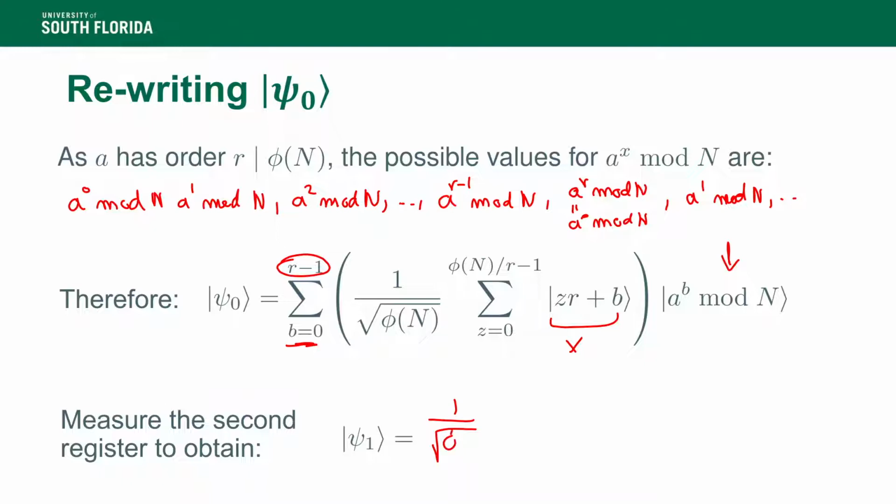So we have 1 over the square root of phi of n divided by r times the sum for z equals 0 to phi of n divided by r minus 1 of our zr plus b for the particular b that was chosen. And of course, you can either discard the second register or just write it down. We'll discard it just for the sake of space here.